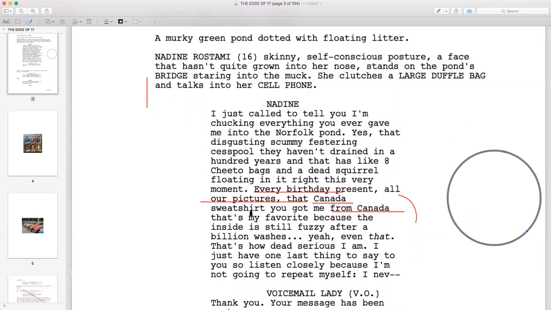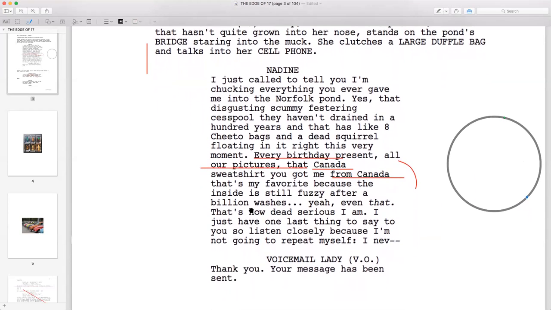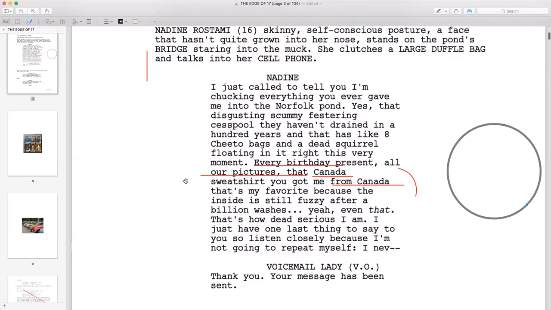So in this story, Nadine's best friend has started to date her brother, which gives her a lot of insecurity. She wonders if her friend has ever really cared for her at all. So she decides to take every present that person has ever given her to this really disgusting pond and throw all of those things into the pond.